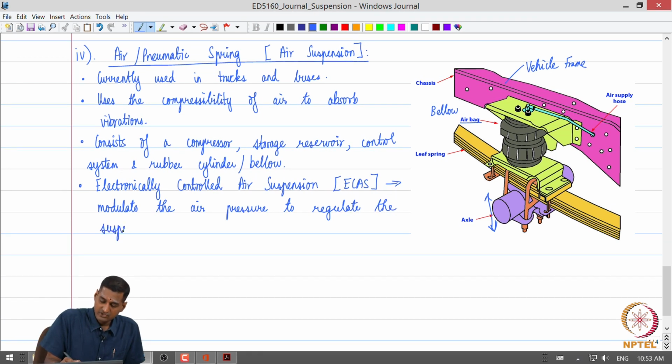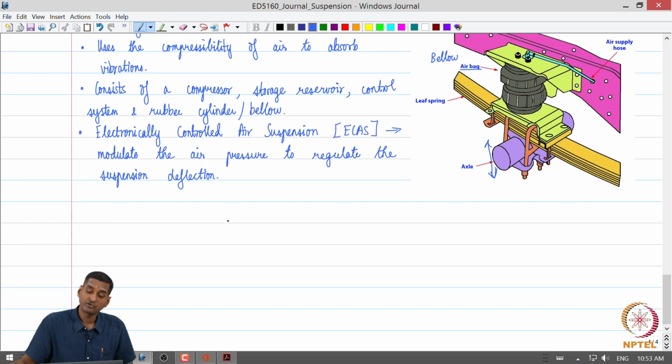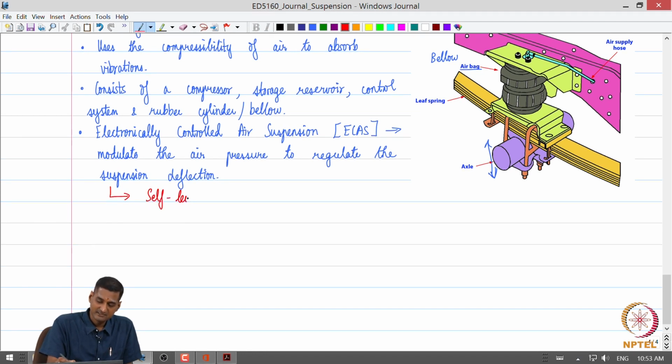Okay. So, for example, one common use of this system is to provide what is called a self leveling action. So, what is self leveling?